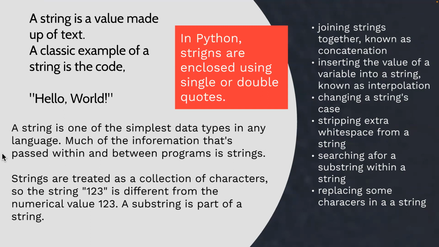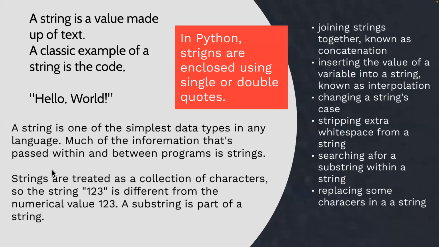And a string is one of the simplest data types in any language. Most information that's passed between programs, FYI, is a string, right? So when you enter a username or first name or email address to an account, what is that? That's a string, right?